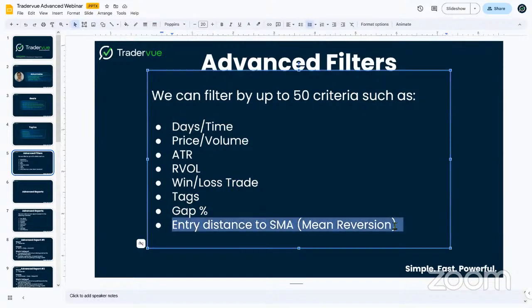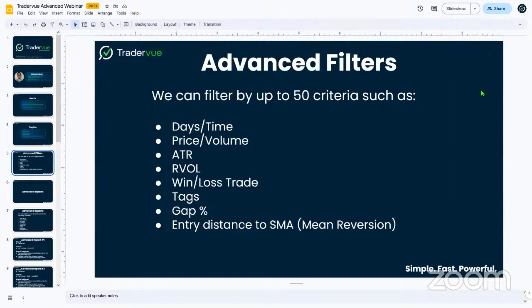This last one is very useful for those that trade more mean reversion type of trades, because in this one, you're basically measuring the distance from the actual price compared to the simple moving average. And that allows you to set up your own criteria for what mean reversion could mean. And basically you can filter that as well.